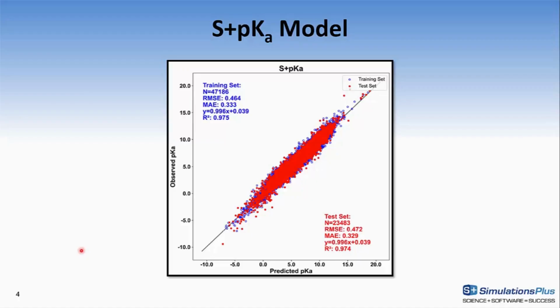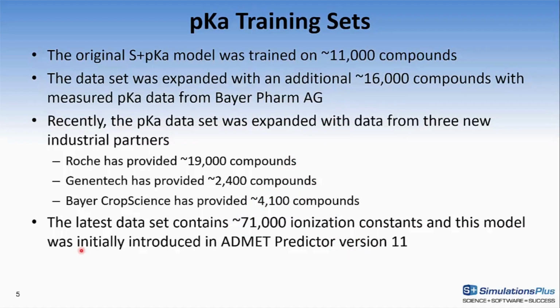This data set was created in several different chunks. The original S plus pKa model was trained on about 11,000 compounds from the literature. Then around 2012-13, we went into a collaboration with Bayer Pharmaceuticals, and they provided 16,000 compounds with measured pKa data.